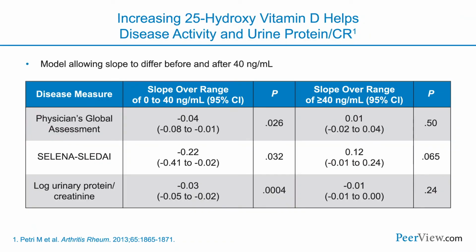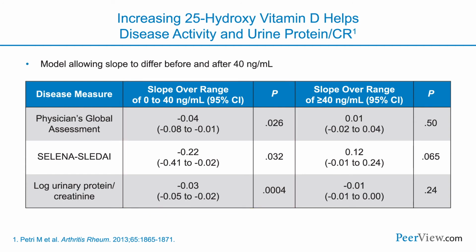Vitamin D is our second very safe immunomodulator. By immunomodulator, I mean that the drug does not cause infections or increase malignancy. In a study that we did, we showed that by keeping the vitamin D level at 40 nanograms per ml, we could show a reduction in overall disease activity and a reduction in urine protein to creatinine.